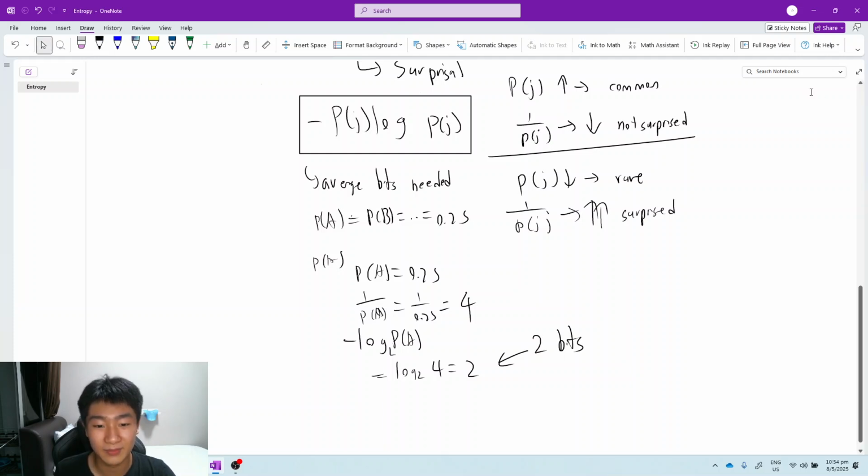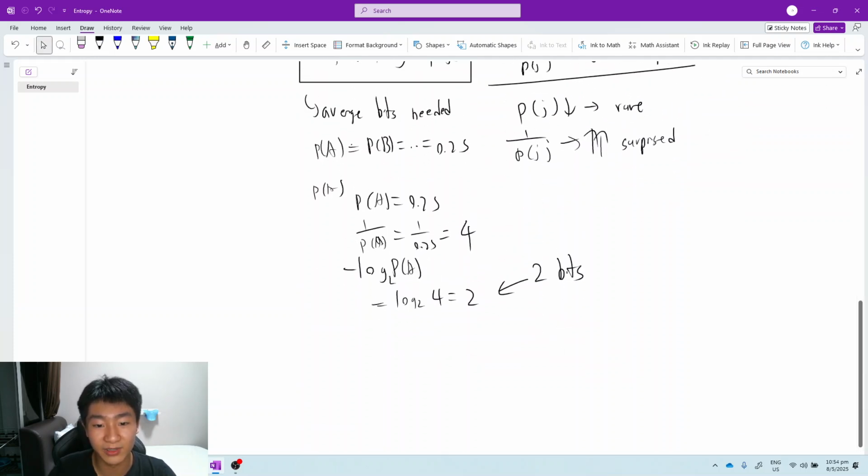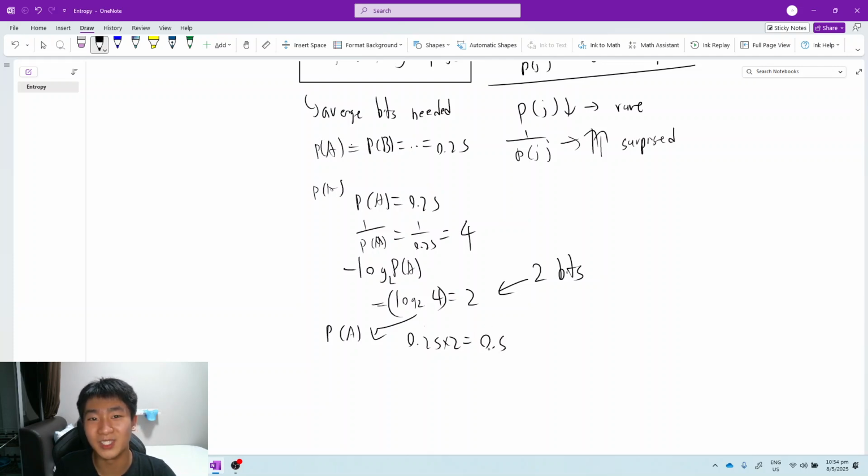And thus, if you work it out, if you add PA in front of this equation, you have P of A, which is 0.25, times 2 equals 0.5. This by itself doesn't mean anything, but in summary, adding the P of A means that you distribute this output according to its probability.